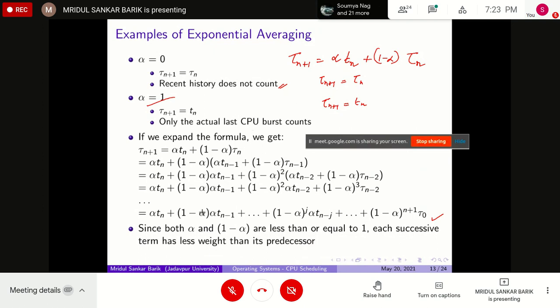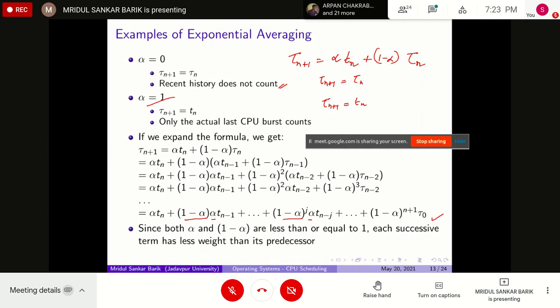We have multiplication of two values which are less than 1, and this is the jth term. So each successive term will have less weight, right? That is why it is called exponential averaging.